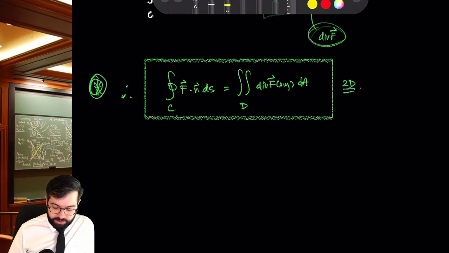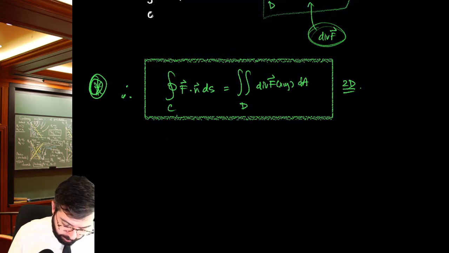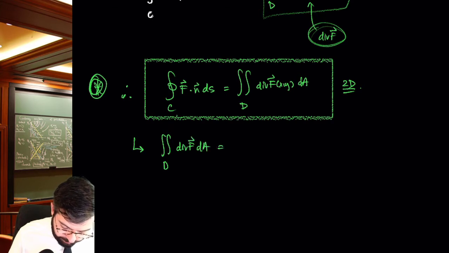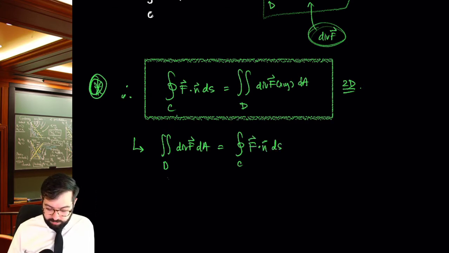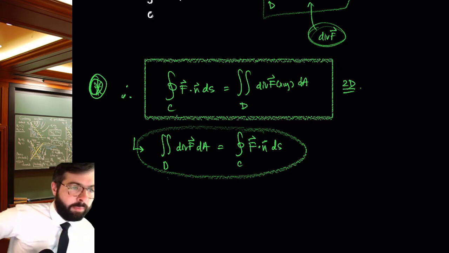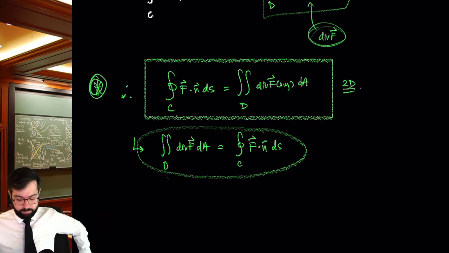Actually, I want to switch these around for a moment, because this is how we wrote the other ones. So let's rewrite this like this. This was our convention up above, with the integral of the derivative on the left and the boundary integral on the right.